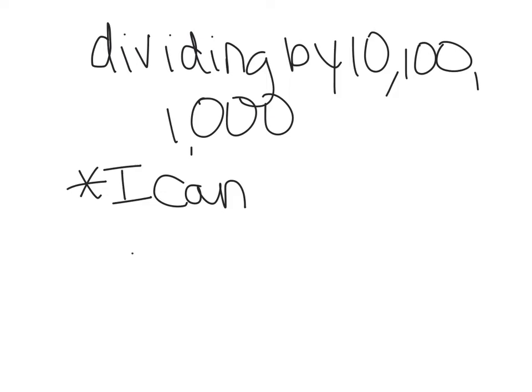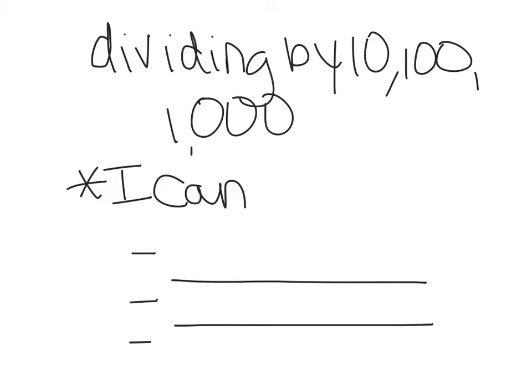And then I want you to list at least 3 ways in your notebook that we use dividing of decimals. Hint, hint, I just gave you one way in the intro. Yes, you may use that one. We did a lot of examples when we were talking about multiplication, making things bigger, but this time we're dividing it. We're putting it into groups. Go ahead and write that in your notebook.